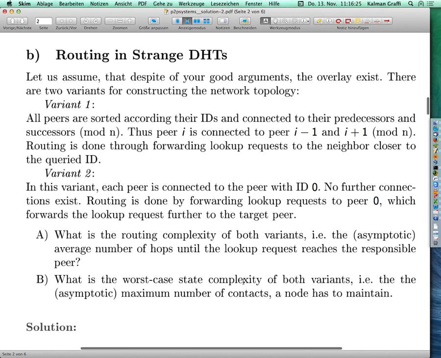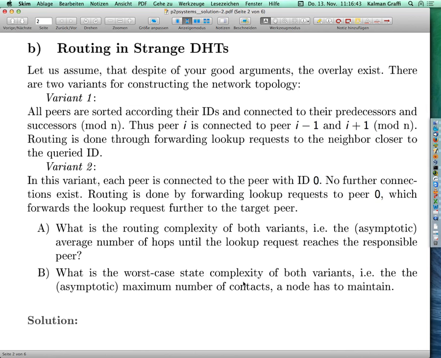Yes. And this is the state, in German Zustand. So how much information you have to have about the network. And in the other case, all of the nodes are connected to one single node.